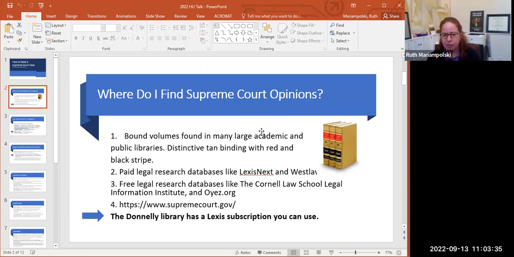Two of the most prominent for Supreme Court cases are the Cornell Law School Legal Information Institute and a website called oyez.org. And then finally, at supremecourt.gov, you can see pretty much all the recent opinions and other information about what's happening in the Supreme Court.